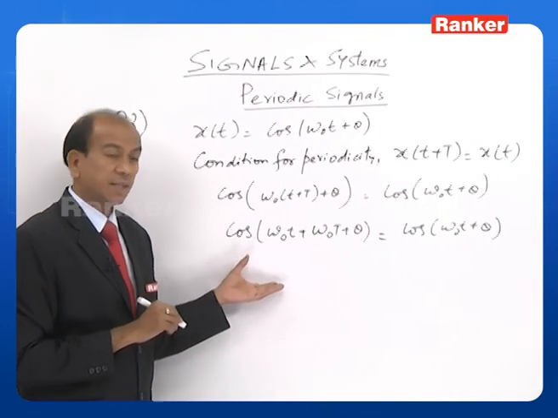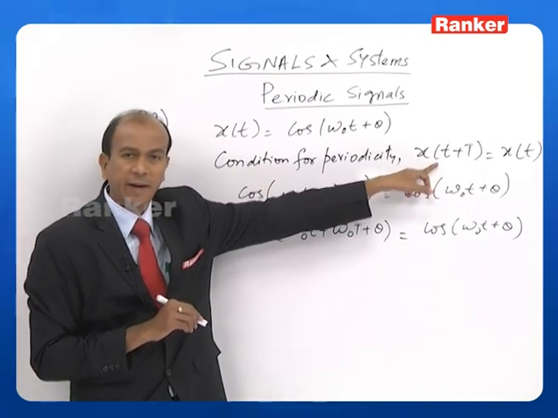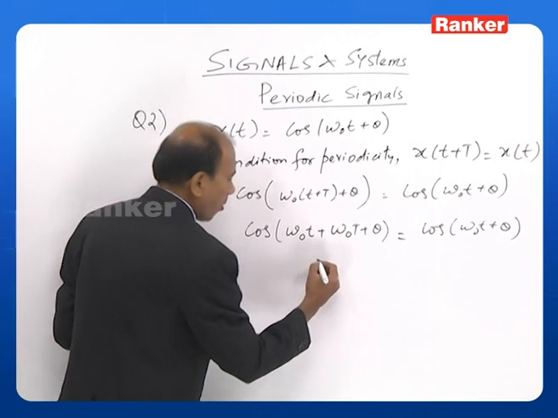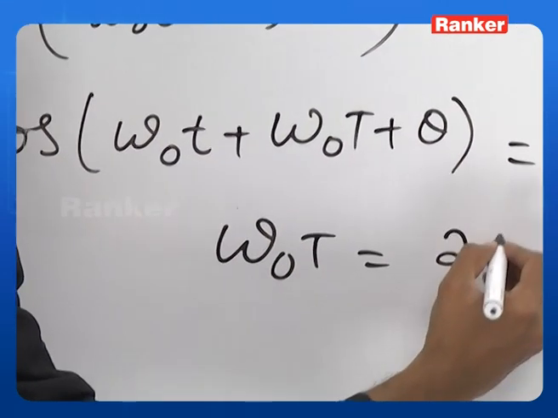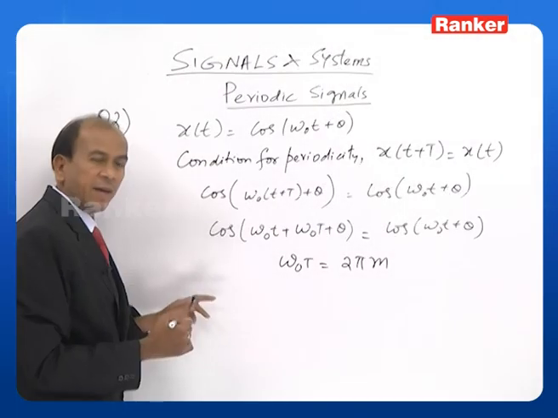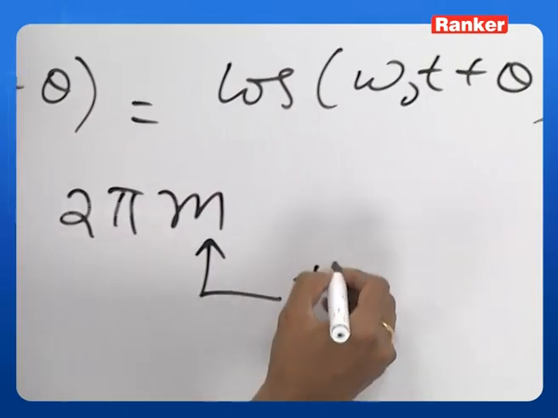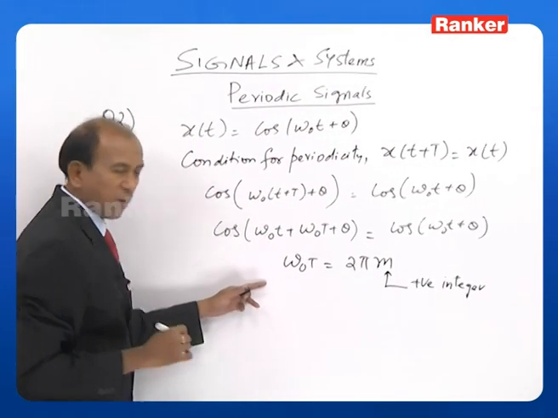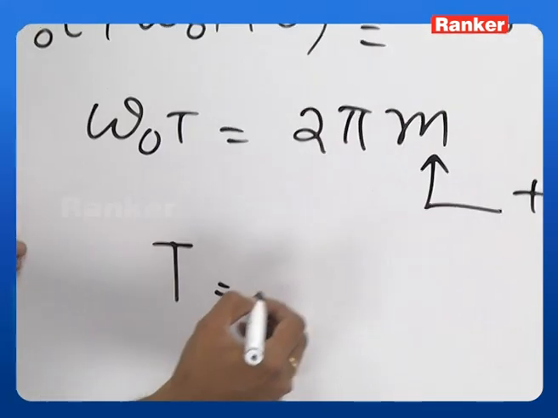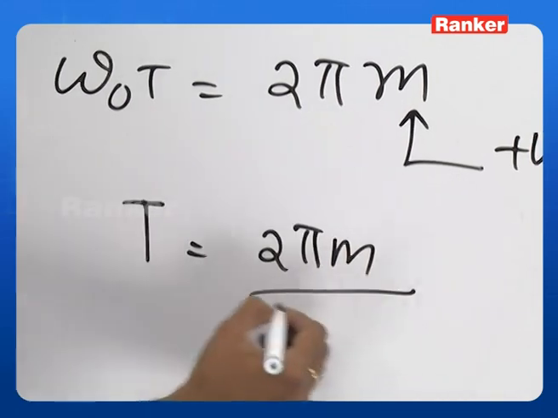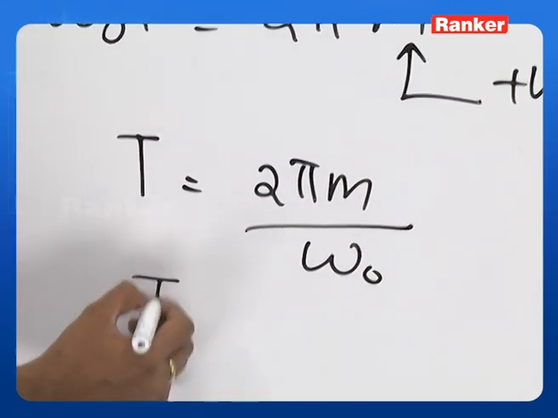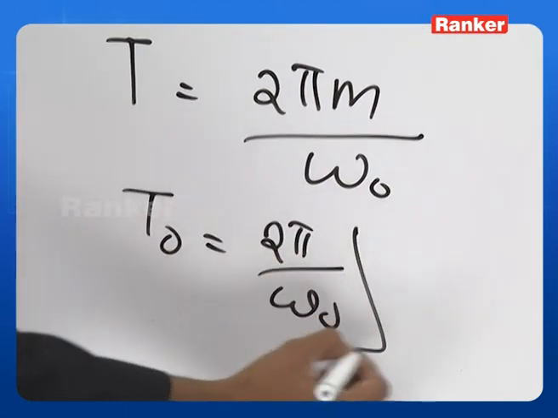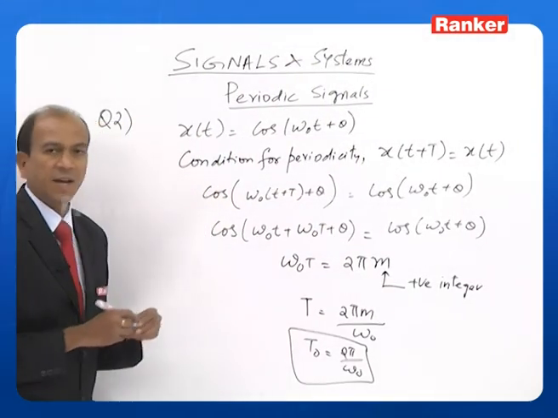For this condition to be satisfied, omega naught T must be equal to 2 pi m, where m is again a positive integer. From this you can calculate T is equal to 2 pi m by omega naught, and the fundamental period t naught is given by 2 pi by omega naught. So, this is the time period of the given signal.